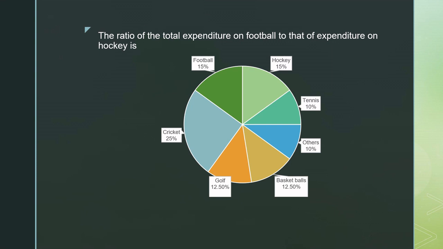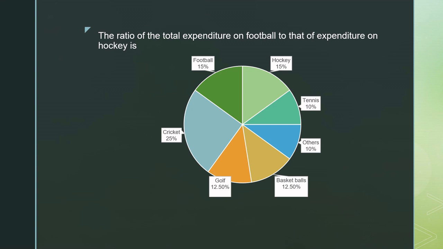If some percent figure is to be converted into degrees, suppose we convert 20% into degrees, how can we do that? We multiply 20 by 3.6, so we get 72 degrees.